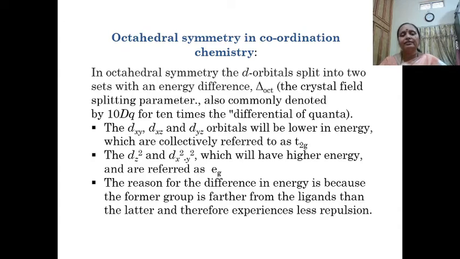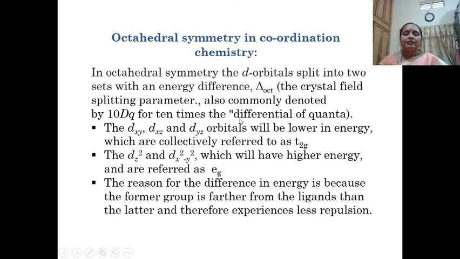And this energy difference is denoted as delta oct. So the d orbitals split with an energy difference of delta oct.